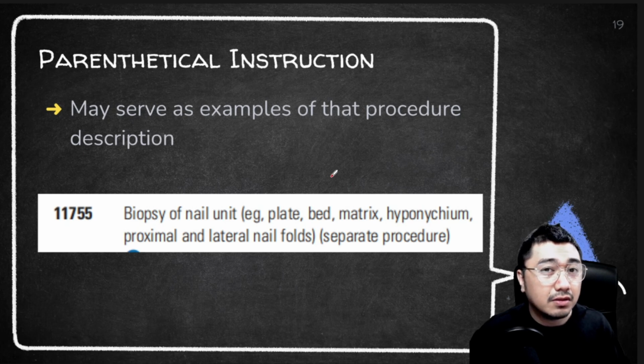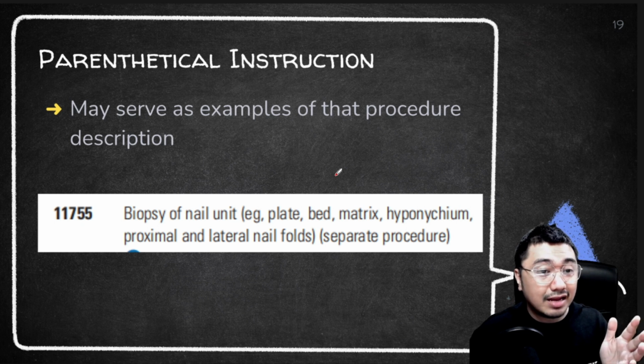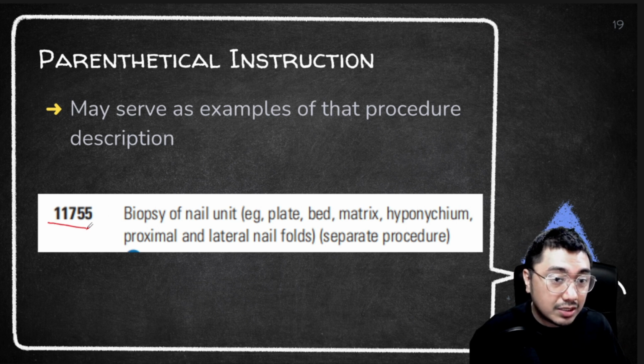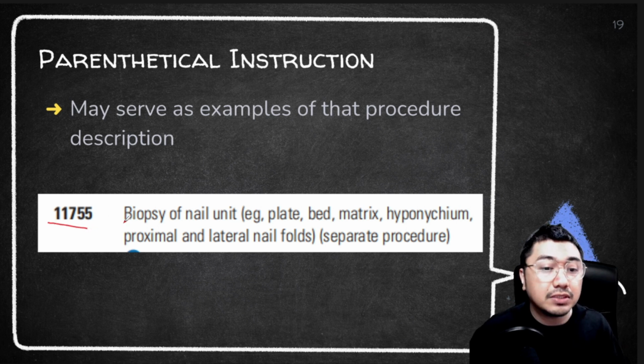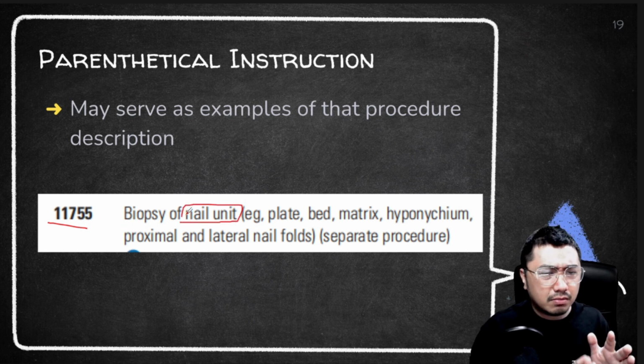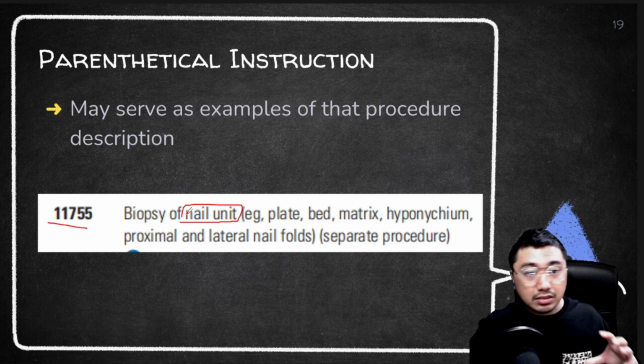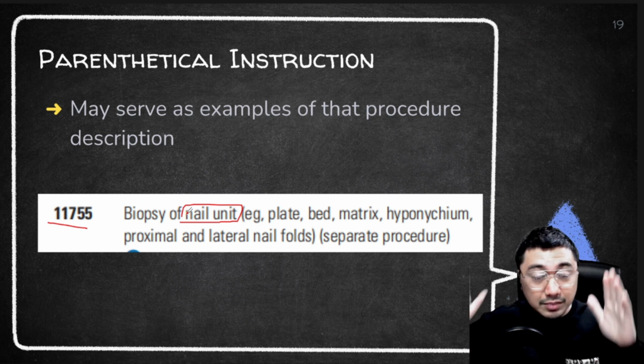For example, this slide serves as an example for that procedure description. For example, this 11755, biopsy of nail unit. So what's this nail unit about? If ever some terms in your CPT code book are used, they will be giving examples of that specific term.